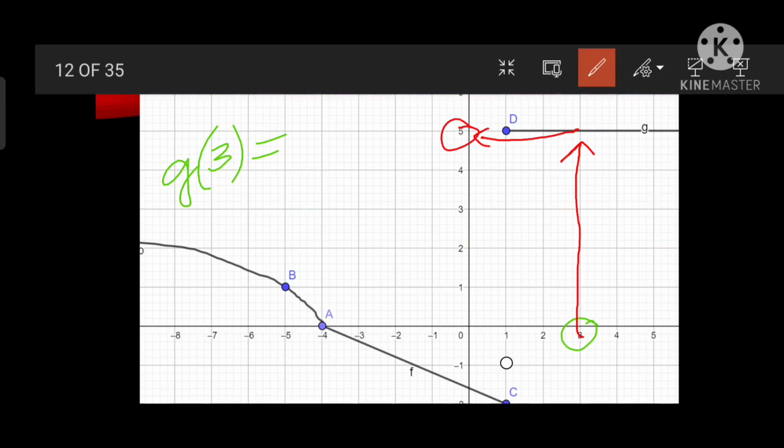So our y value, or g of 3, is 5. That's quite obvious, since our graph is actually a horizontal line. That means we have the same value of y for question number 2 and question number 3.